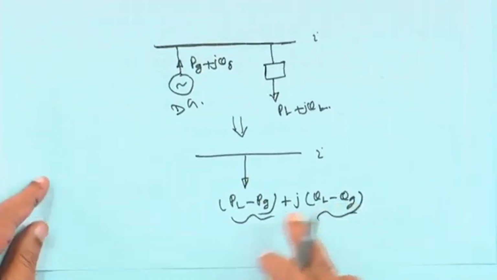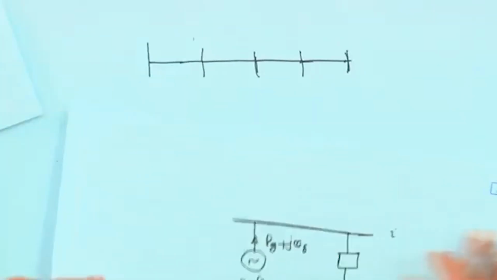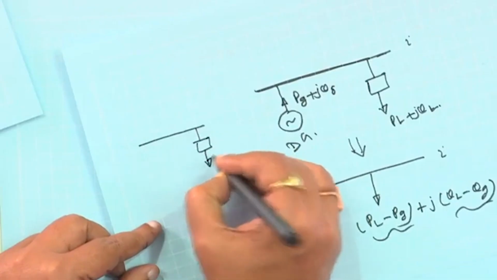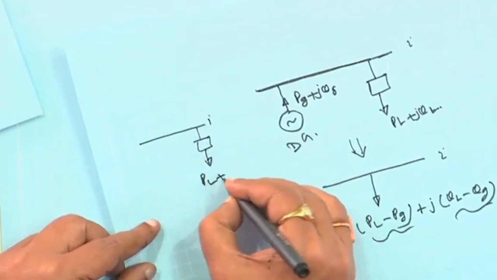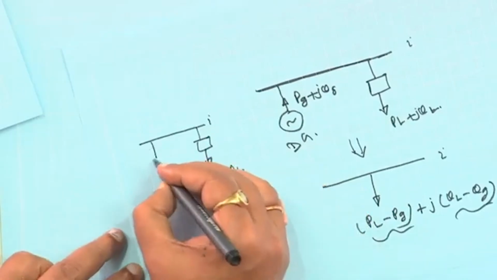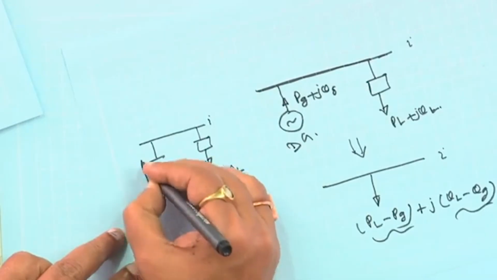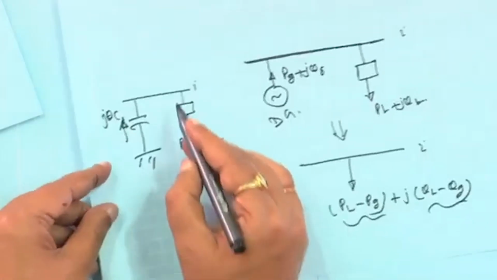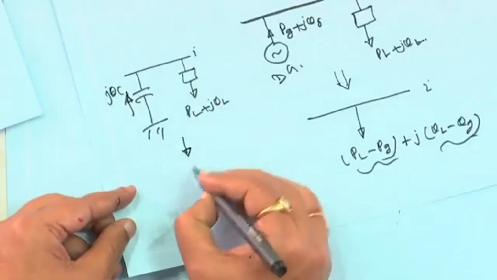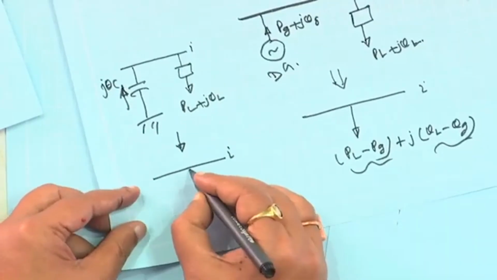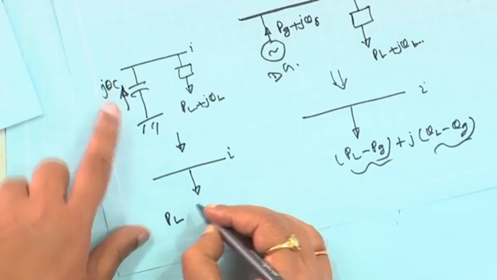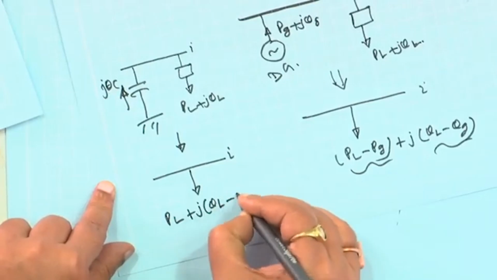Now, instead of a DG, suppose it is a shunt capacitor. Say this is your load, at node i, PL plus jQL, and this is your capacitor, so jQC, that is QC is being injected, right. The resultant at bus i in this direction will be PL only, there is no question of real power, plus j times QL minus QC.